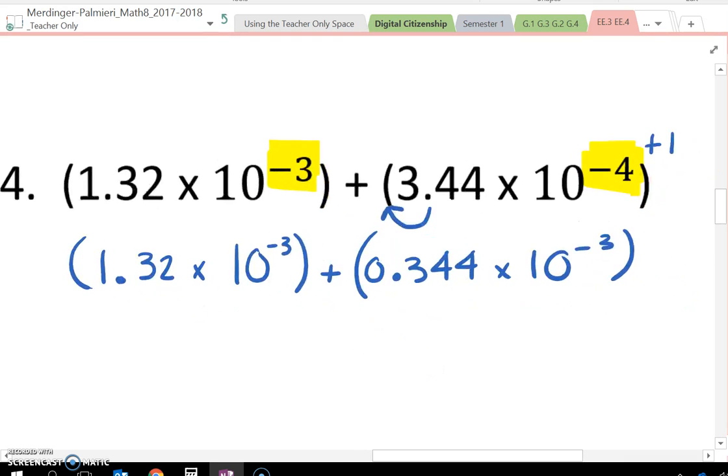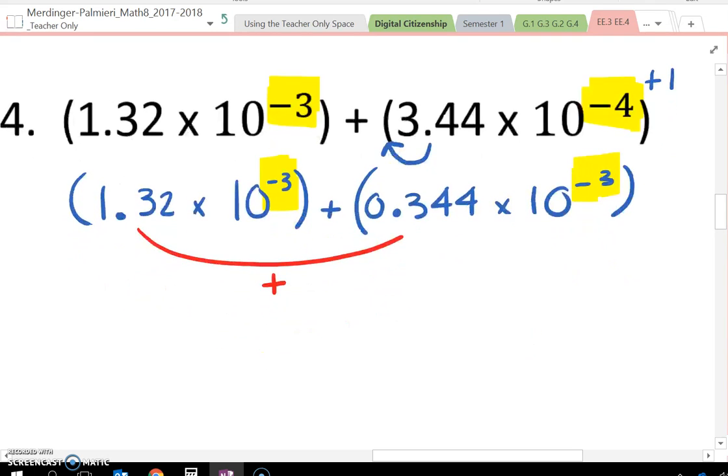Okay. And now that I have that, I go back to my exponent. Same procedure every time, and ask yourself, are the exponents the same? And if they are, then we're just going to add up our first factor. You have calculators, so I expect that you use those calculators. Remember that if you choose not to use a calculator, what you are going to do is line up your decimal points before you add and write them vertically.